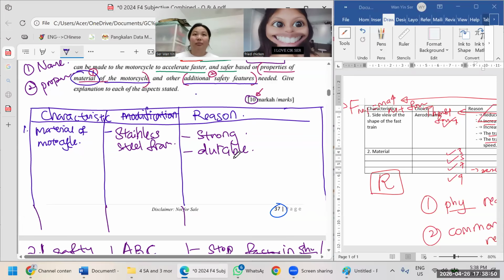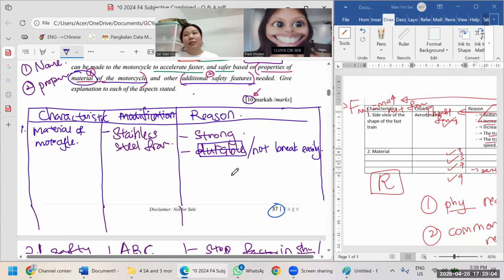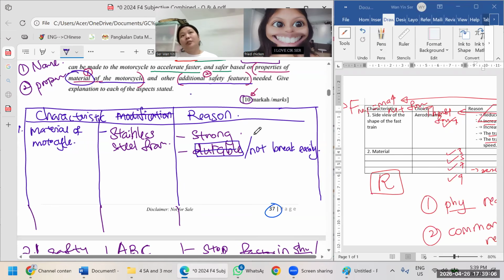No, no. When you feel you want to write durable, cancel it. But I encourage you to try not break easily. After SPM 2021, cannot see durable anymore. And I asked the chemistry teacher, he also said, no, durable, no.